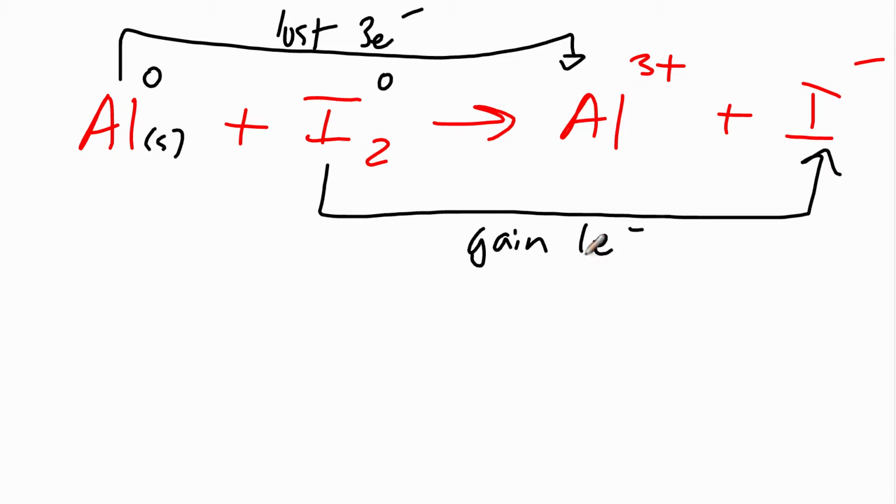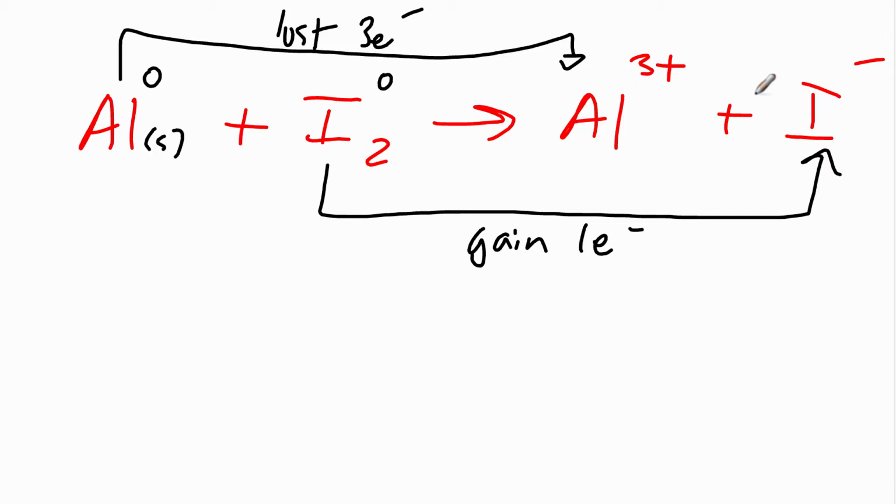If it gains 1 electron, and this one lost 3, that's not balanced. There's got to be something to fix that. This one lost 3, this one gained. Oh, now hold on here. There are 2 iodines there, so this has to be a 2, wouldn't it?